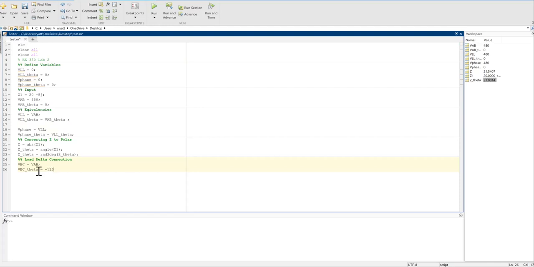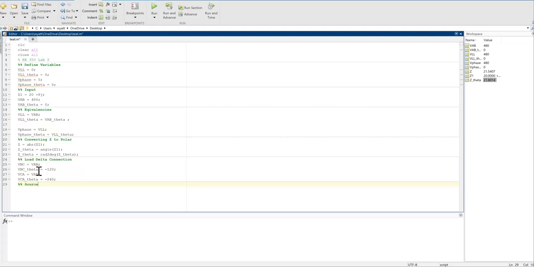So it has a shift to it. And our VCA is going to be equal to VAB. So its voltage is the same, but we can see here also it's going to be shifted by another negative 120. In this case, it's going to be equal to negative 240. Should we suppress?